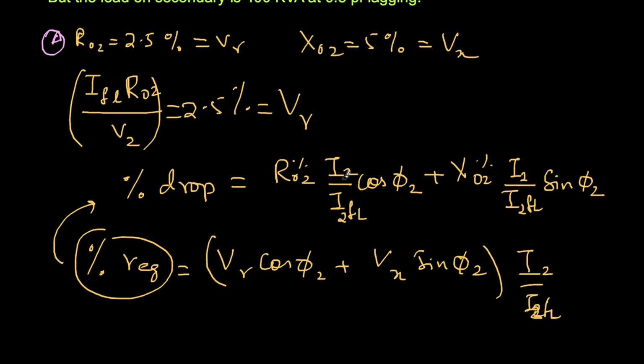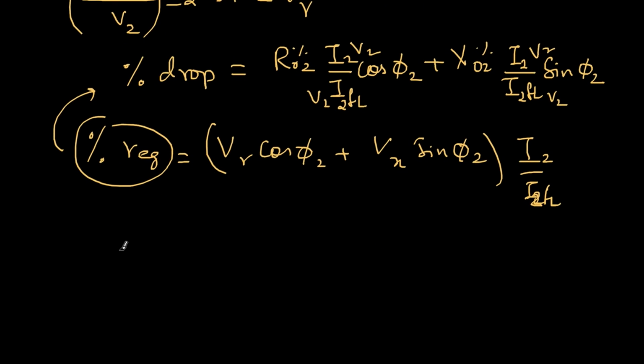Now I'll multiply the numerator with V2 and the denominator also with V2. So what do I have now? The percentage drop equals VR into this whole thing. What is in the numerator?